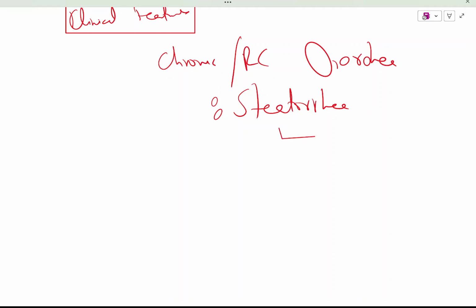Foul smelling, bulky, oily, floating stools due to increase in stool fat content. I already discussed in diarrhea, what is the definition of steatorrhea? Foul smelling, bulky, floating on the water surface, oily in nature due to increase in stool fat content. So the patient is having diarrhea of steatorrheic nature.